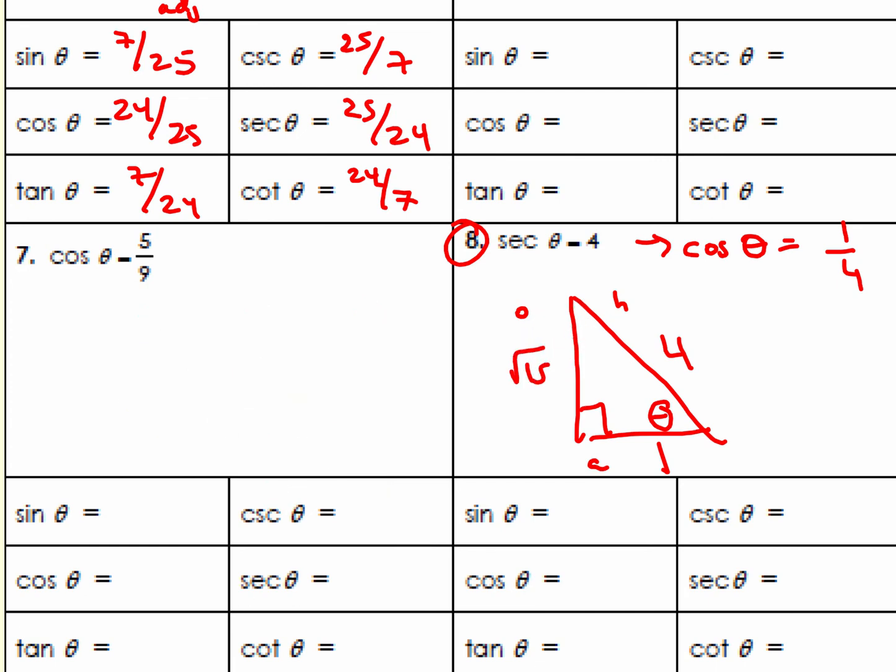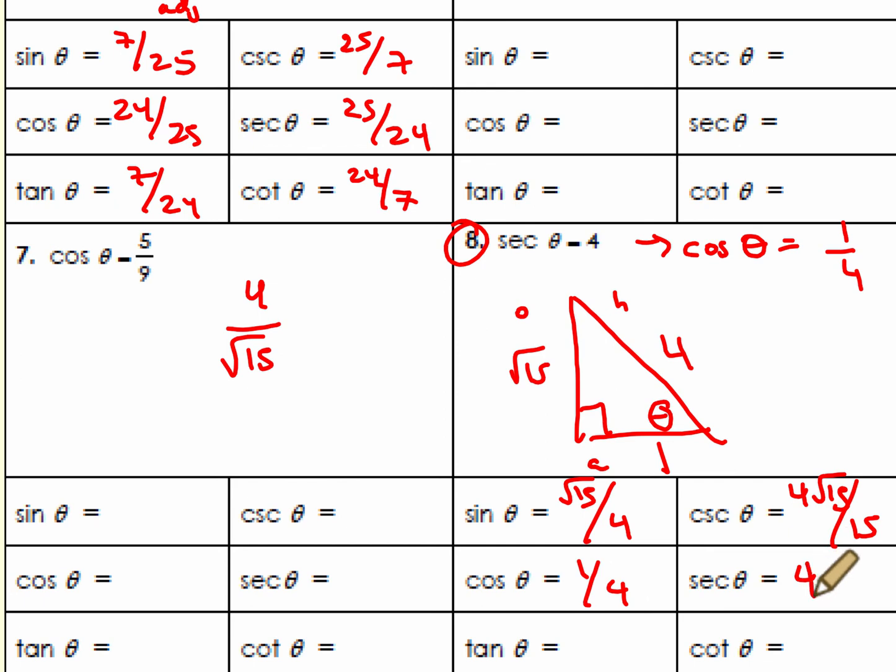So I have opposite over hypotenuse for sine, and cosecant is its reciprocal, so remember we have to rationalize it. 4 square root of 15 over 15. Cosine is going to be adjacent over hypotenuse, and secant its reciprocal.